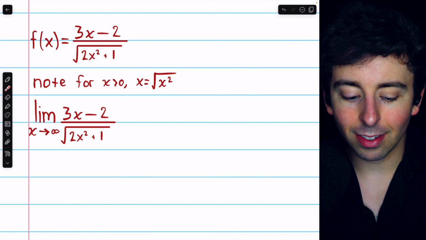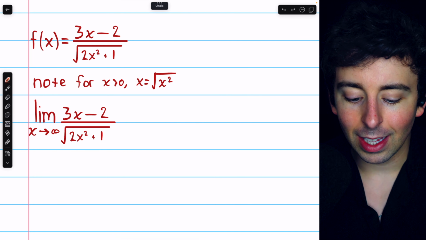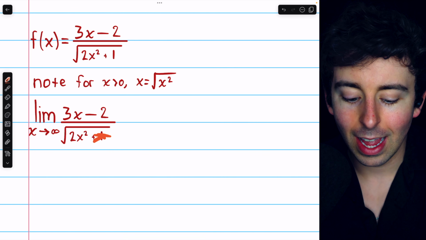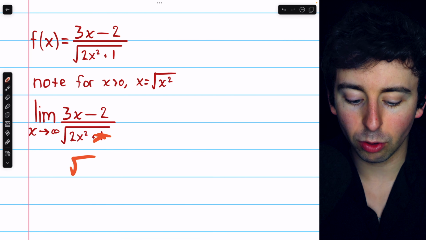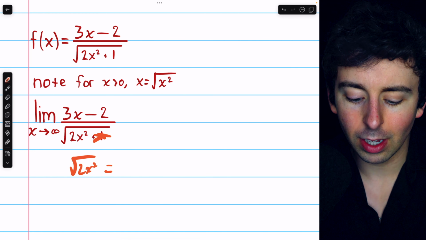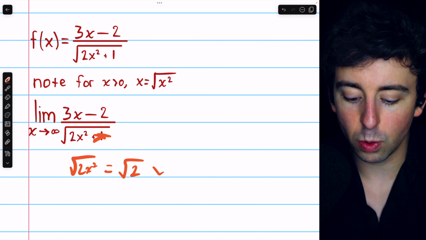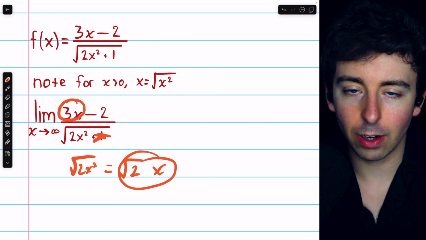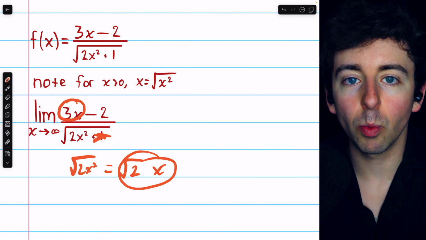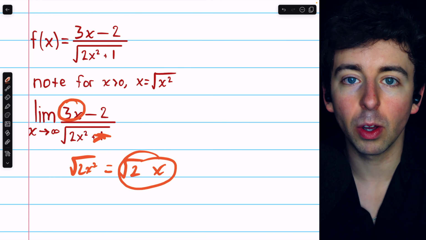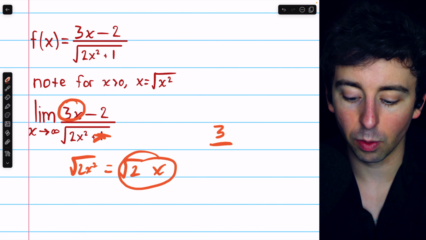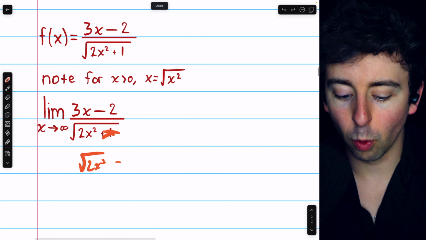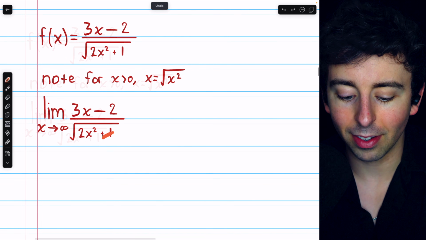One way to think about this is that as x gets really big, this plus 1 really isn't doing anything, so we could just ignore it, and in the denominator, we would have the square root of 2x squared, which is the same as the square root of 2 times x, at which point it's clear the numerator and denominator have the same degree, and so we could just look at the ratio of those leading coefficients, 3 over root 2. This is the correct answer, but again, there is a more formal way that we could go through this process.